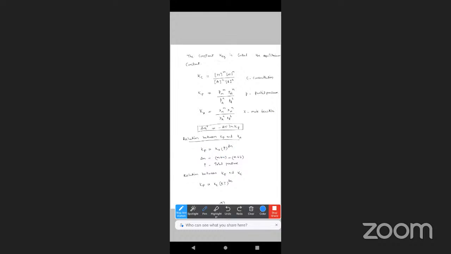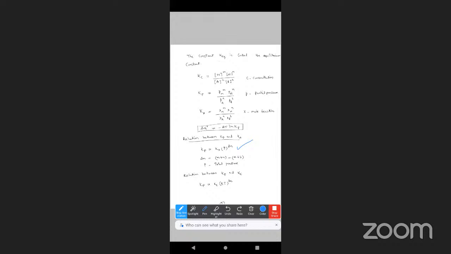And here delta n is m plus n minus a plus b, that is, total number of gaseous products minus total number of gaseous reactants, isn't it? And P indicates total pressure.